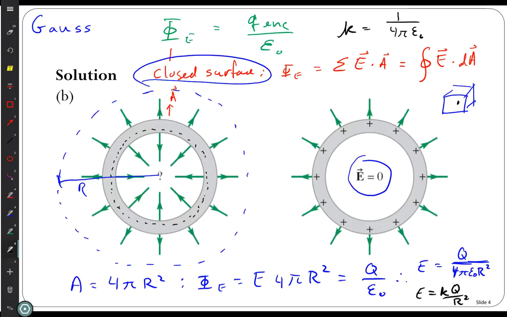If you just try to brute force it, you say, okay, I know the electric field vector has a magnitude of kq over r squared and a direction going out from the charge, and then I can calculate E dot dA over the surface and integrate in 2 dimensions, and you'll get the same answer, just with a whole lot more work. We try to avoid that work, so we try to think through Gauss's law.